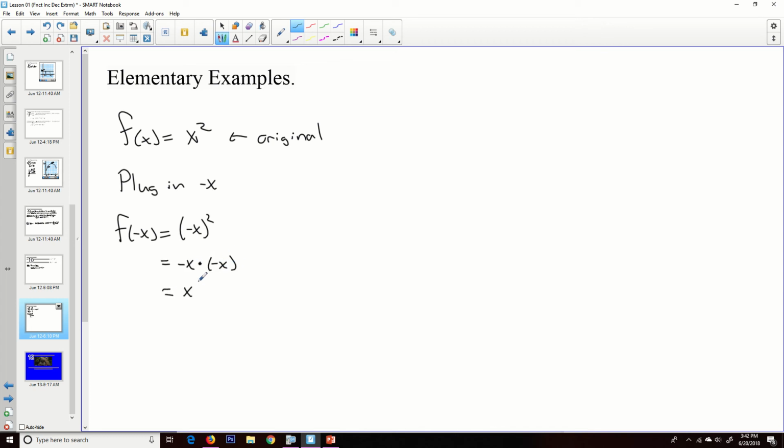That's going to give me just x squared, and this is the original function. Since I plugged in negative x and I got the original function back out, this is an even function.